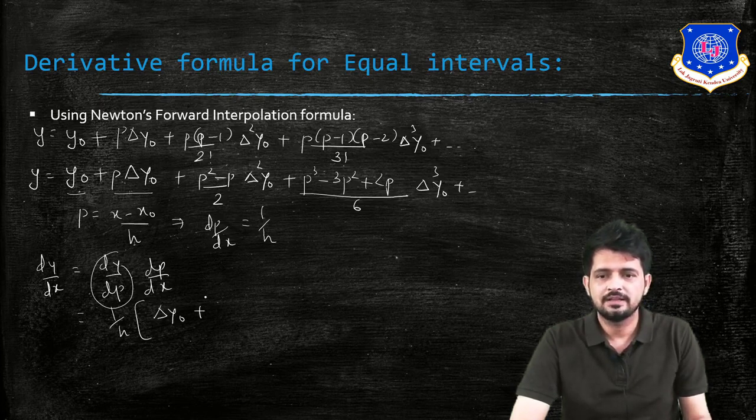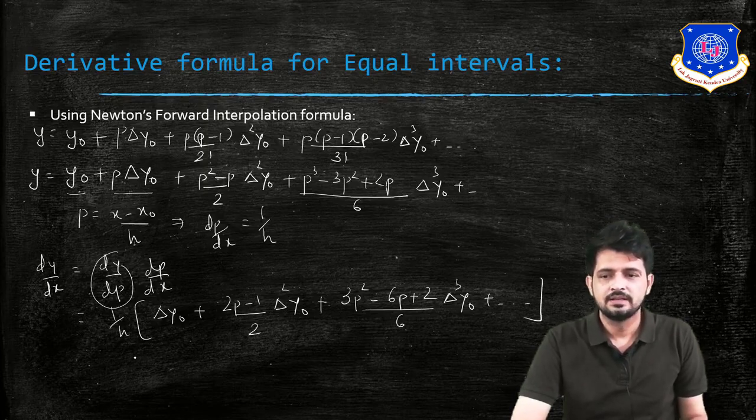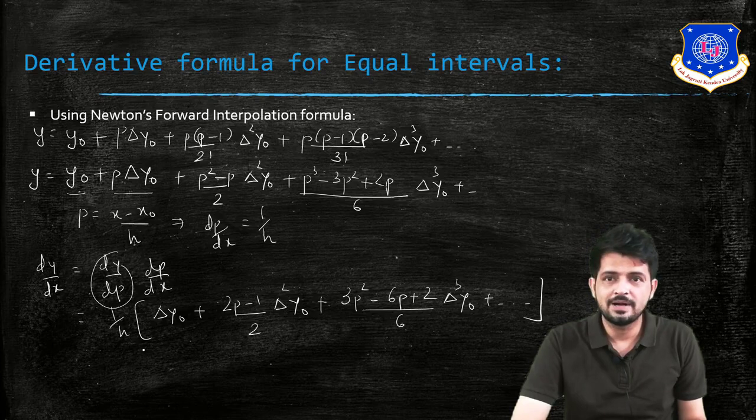Okay, then taking the derivative I can write (2p minus 1) upon 2 into del square y0 plus the derivative of this term, (3p square minus 6p plus 2) upon 6 into del cube y0 and so on. Okay, this is the formula for dy by dx.